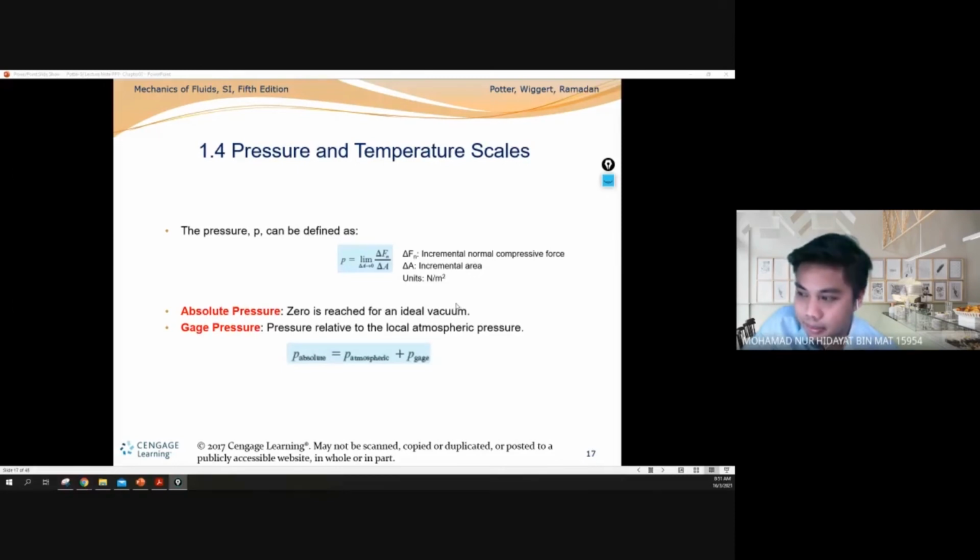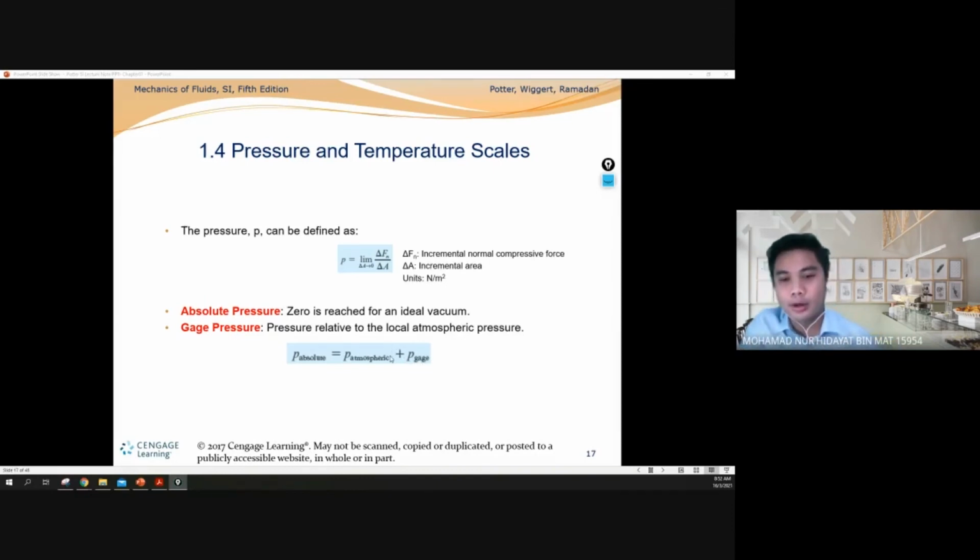Okay, this is the pressure. I believe you understand what pressure is. Pressure is force over area. It's very simple. The absolute pressure is zero, reached for an ideal vacuum. So this is basically the definition between the absolute, the atmospheric, and the gauge pressure.